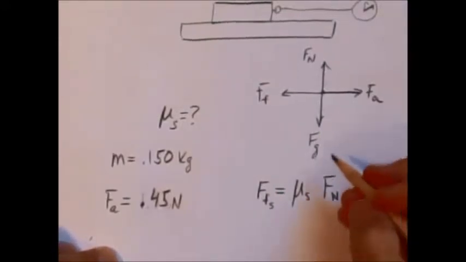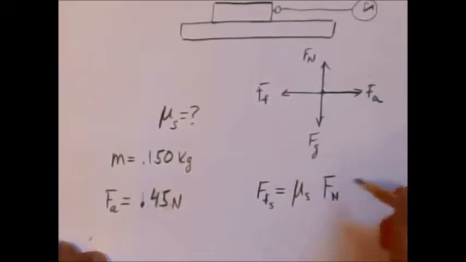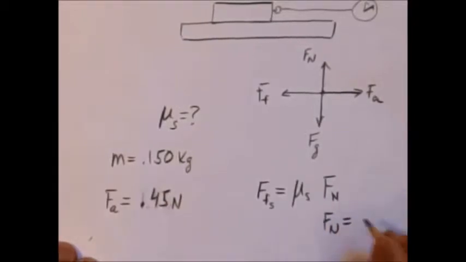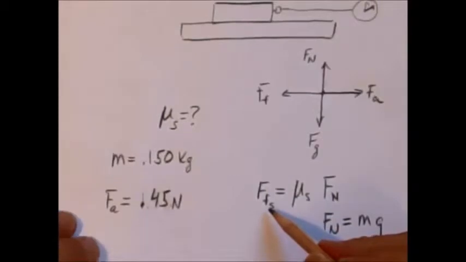The other thing you need to remember is that this normal force is calculated by the mass times the acceleration of gravity. So now we can find our normal force because we know our mass and we know the acceleration of gravity. And do we know the friction force?